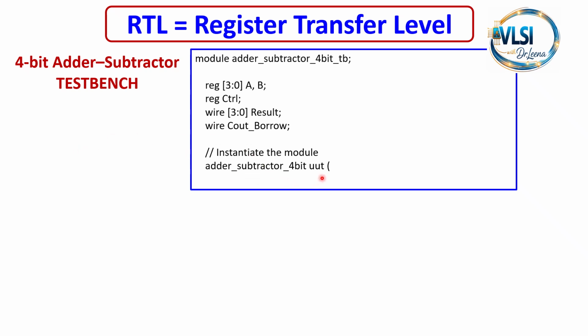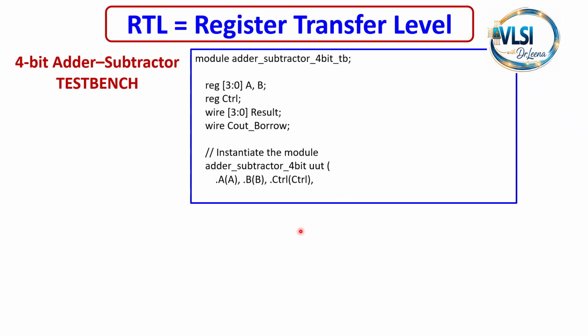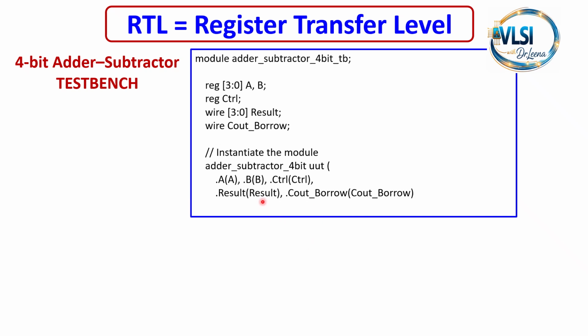Then unit under test, opening the bracket, and next we connect the test bench input A to the module input, then test bench input B to the module input, and test bench input control to the module input. We have connected all the inputs of the test bench to the module. Then we connect the result of the test bench to the result of the module and cout borrow of the test bench to cout borrow of the module.